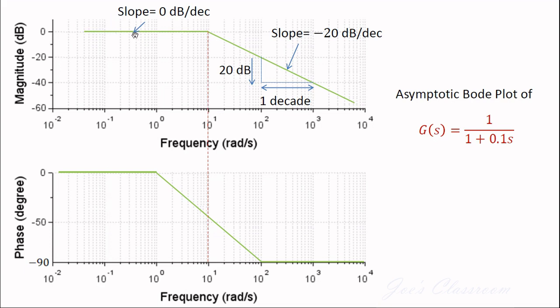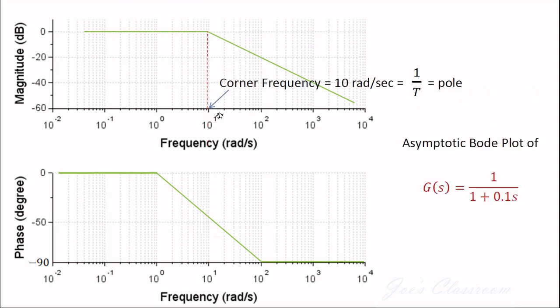Here the slope is 0 decibels per decade, and here the slope is minus 20 decibels per decade. So the slope changes from 0 decibels per decade to minus 20 decibels per decade at a frequency of omega equal to 10. What is interesting about that?